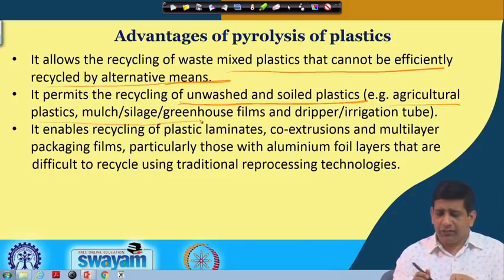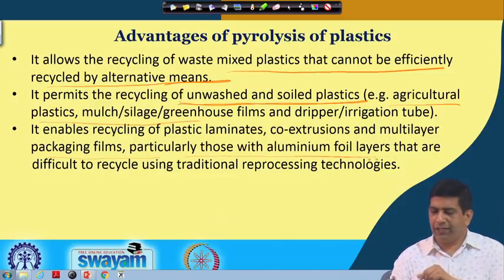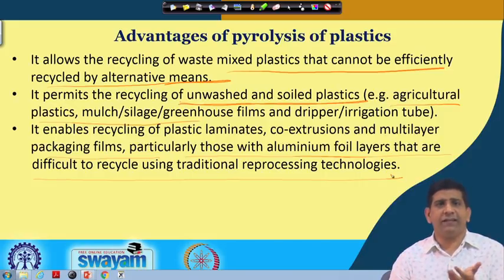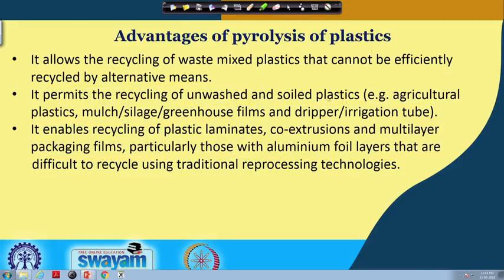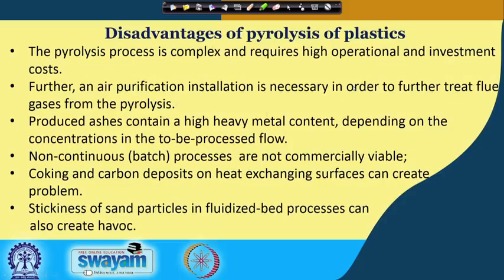And we can process plastic laminates, co-extrusion and multi-layer packaging films, particularly those with aluminum foil layers that are difficult to recycle. So there is a lot of flexibility in pyrolysis plants for your application.